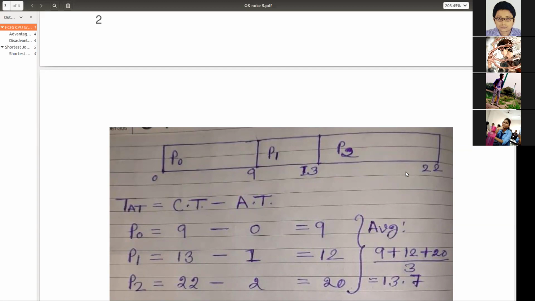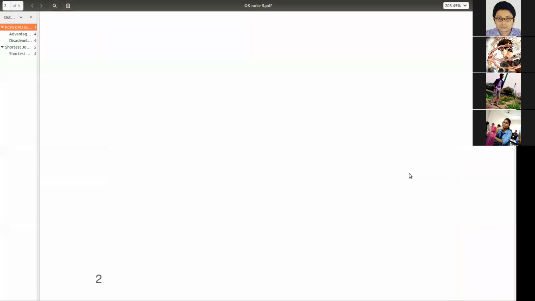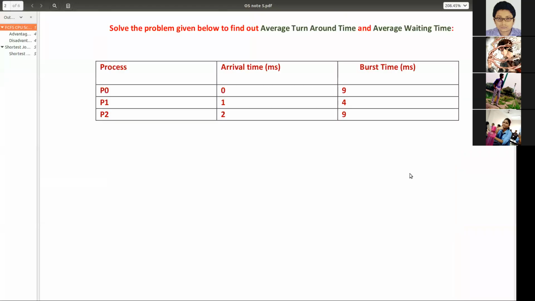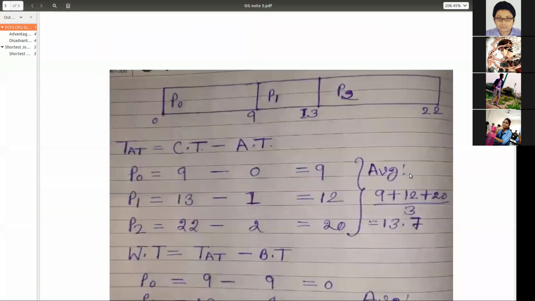Then P1's completion time is 13, you can get it from the Gantt chart, and P1's arrival time was 1, mentioned in the question paper. So it will be 13 minus 1, that is 12, as per the formula. Next is P2.